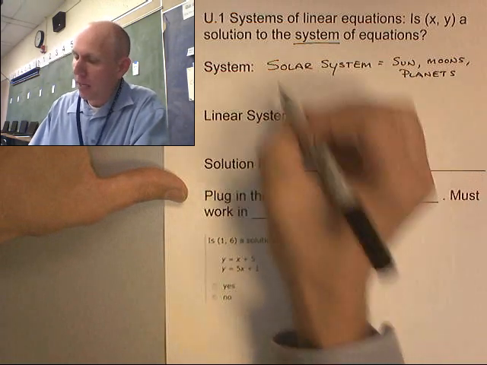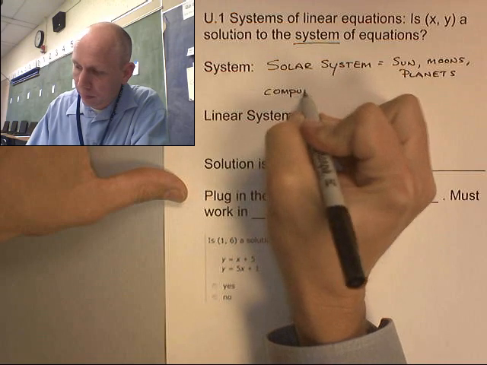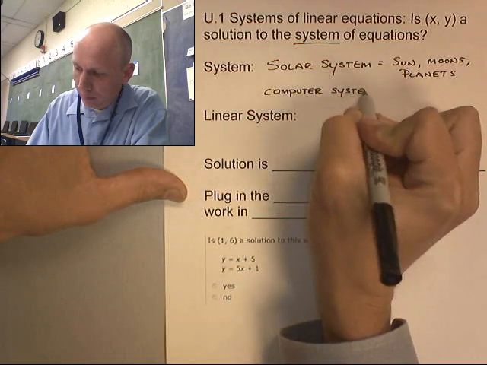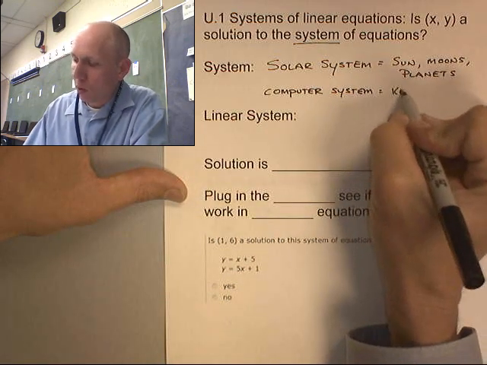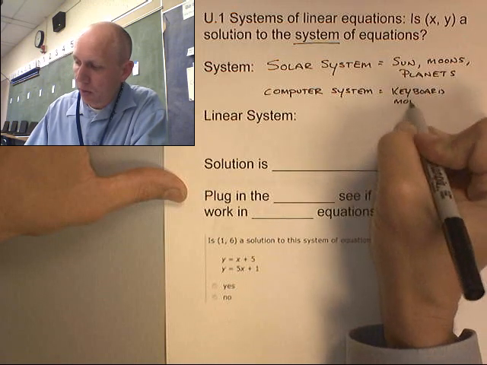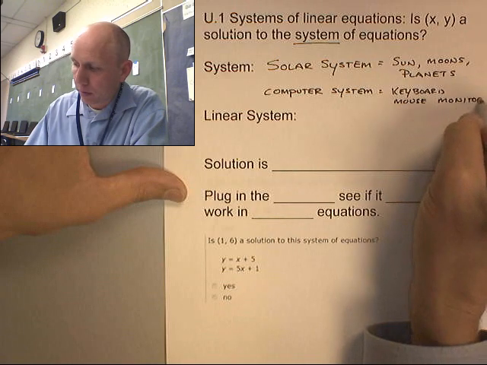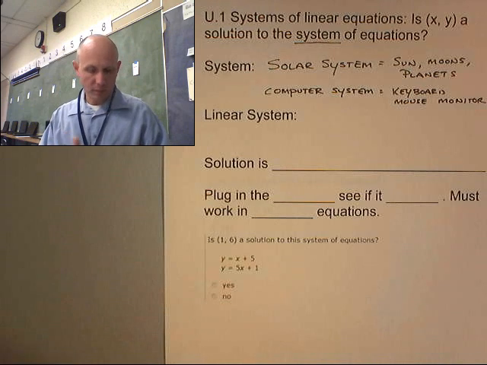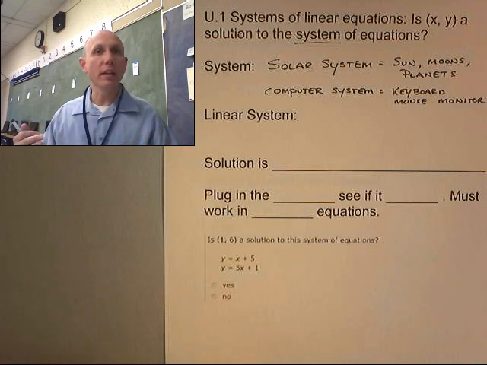How about another system? How about a computer system? Well, that's the keyboard, the mouse, the monitor. So the idea of a system is a bunch of things, or at least two or more things working together.